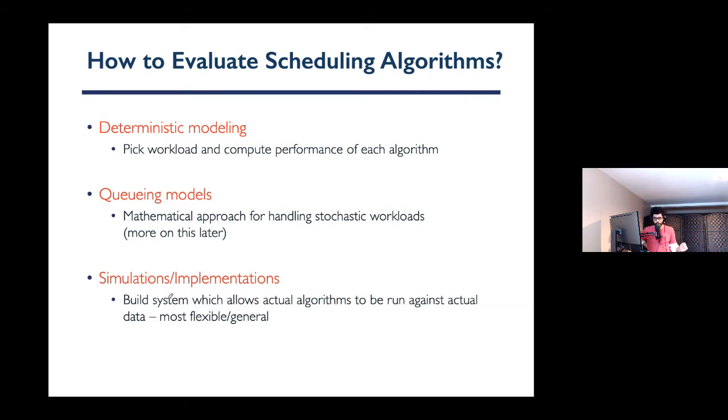That's one. Now, if you move on to scheduling policies that are more random, then you probably have to start thinking about models that have random variables and distributions. So that's where the queuing models come in, which we will actually see later on after talking about I/O.